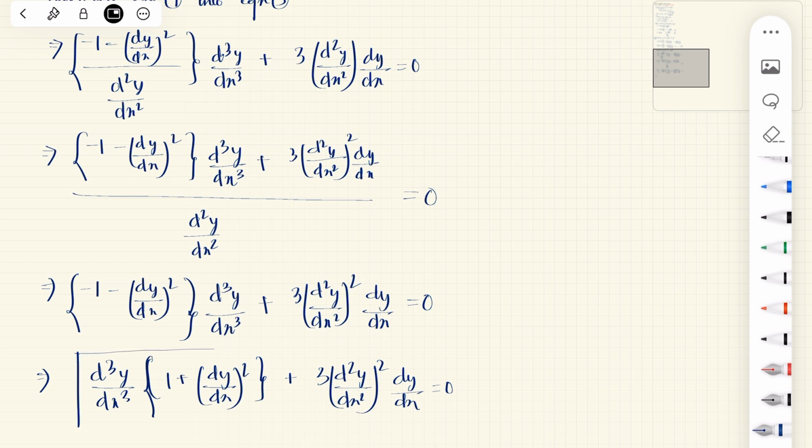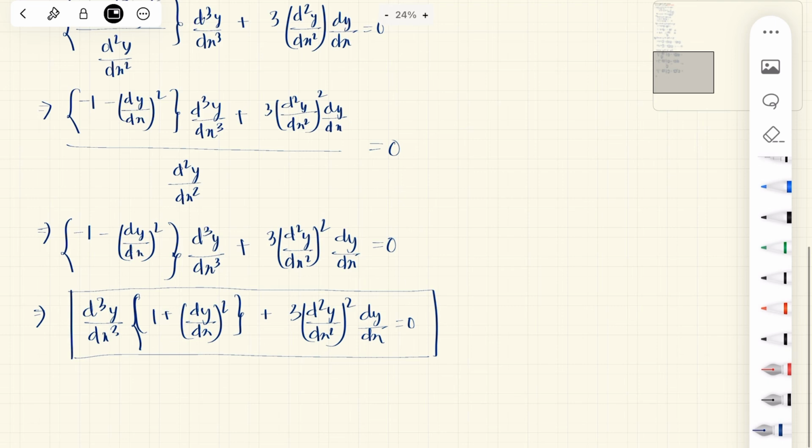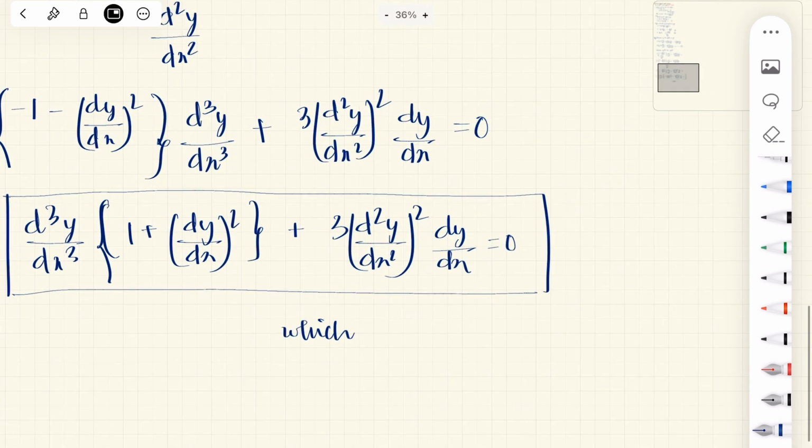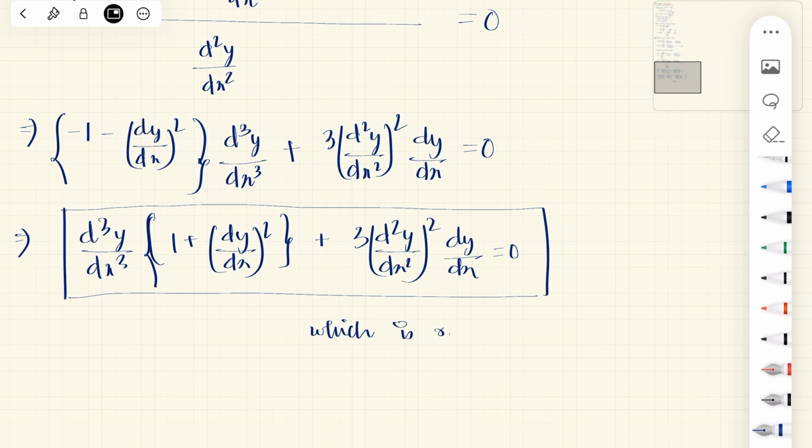This is the required differential equation.